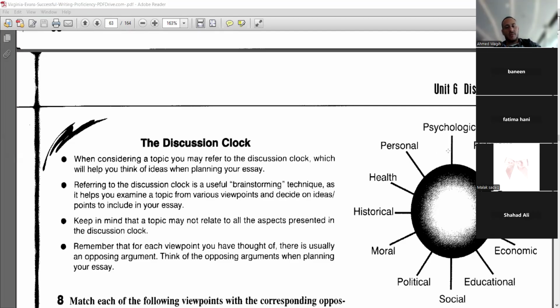Any topic you can relate to a psychological point of view, a religious point of view, a scientific point of view, an artistic point of view, economical, educational, social, political, moral, historical, health. I think it is really important to know the discussion clock also.